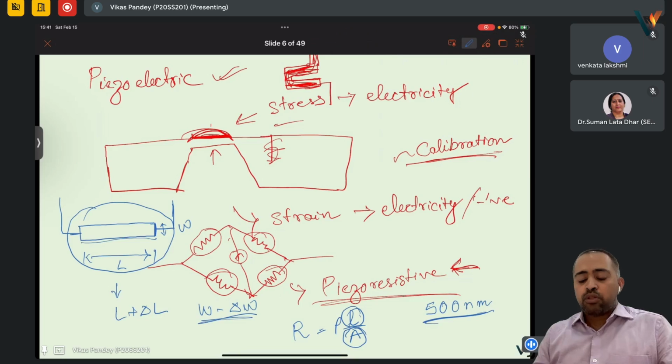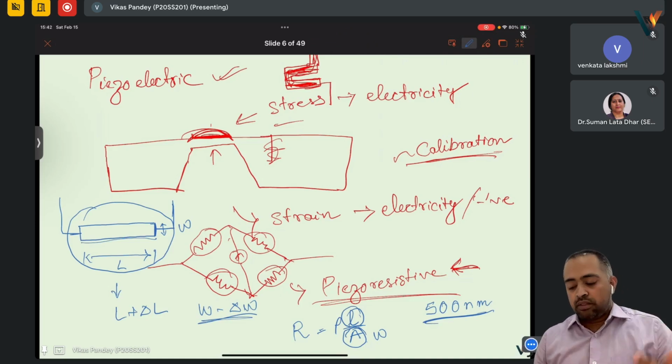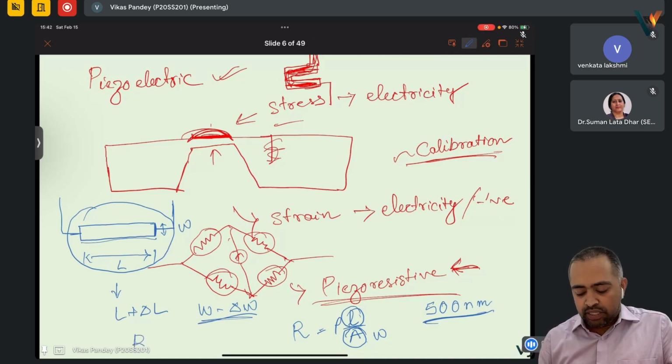So let's say instead of A, we are putting W. Now, if we check the change, the new R will be rho times L plus delta L by W minus delta W.